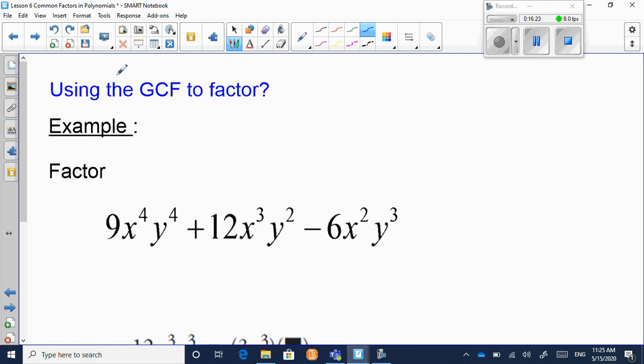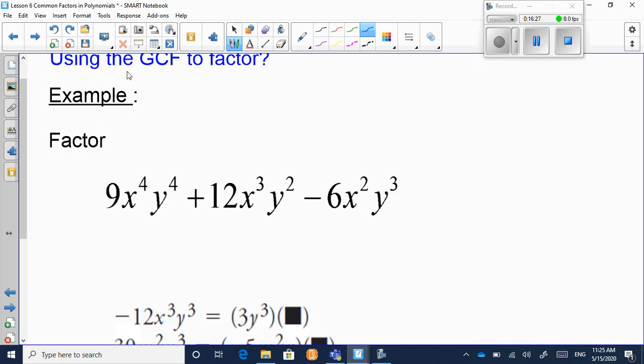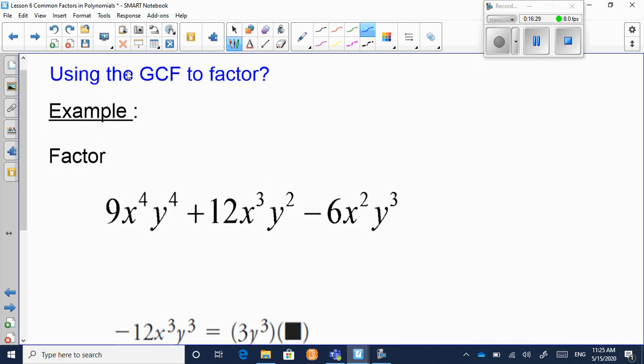Okay. Well, here's an example of how we use the greatest common factor. We'll do a couple of different examples here. So look at this. If you have a polynomial, so notice that it has 3 different terms, if you want to factor it, in other words, I want to pull out the greatest common factor from each of these terms.